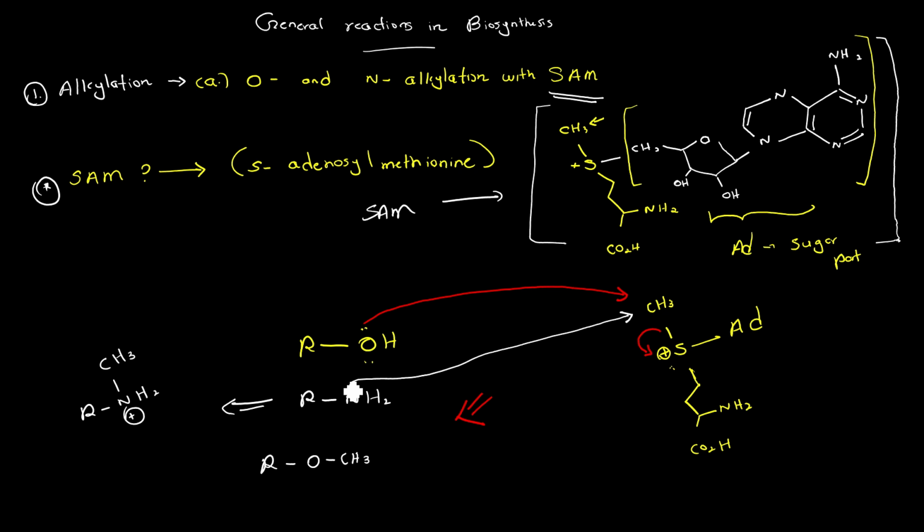So now let's move on to our next type, which is type B, carbon alkylation with SAM. Now you know what SAM is, and you know the structure of this SAM.